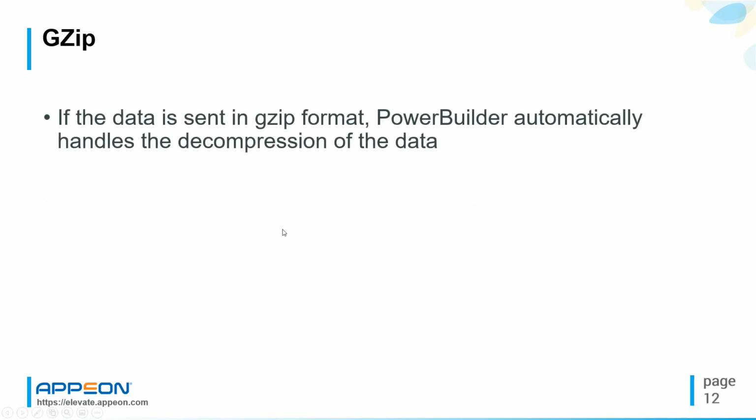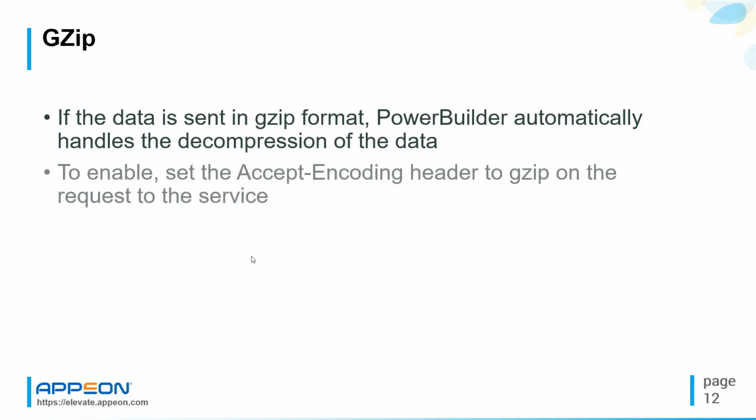Okay. Next item is GZip functionality. Many services have the ability to send the data down in GZip format. If they do support that, what you need to do is send a header flag in your request indicating that you can handle GZip data, and it's the accept encoding header.